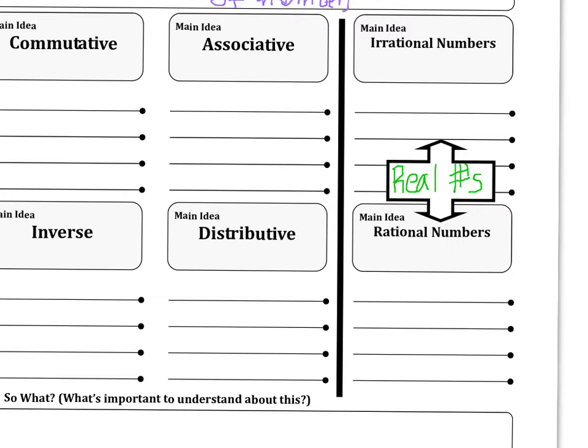And irrational numbers are numbers that cannot be written as a fraction. That's one way we know it's an irrational number.